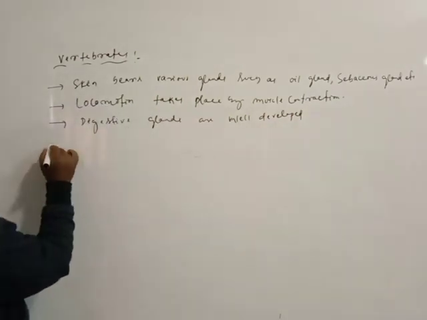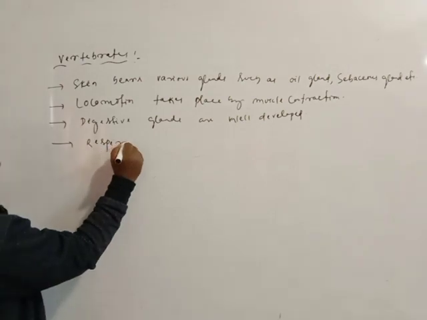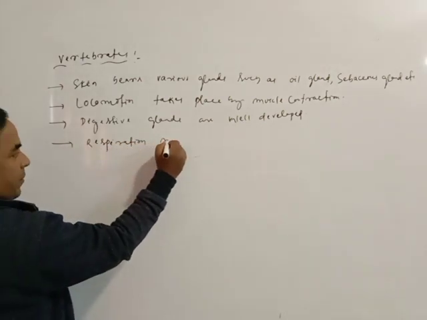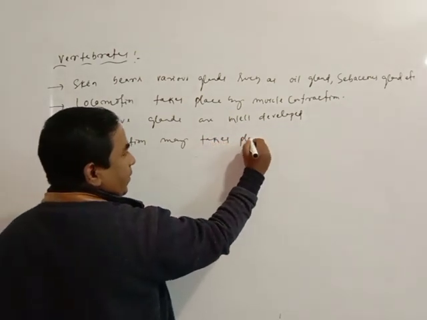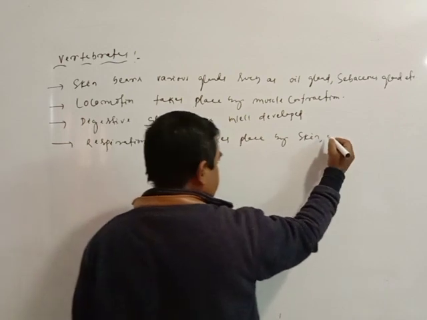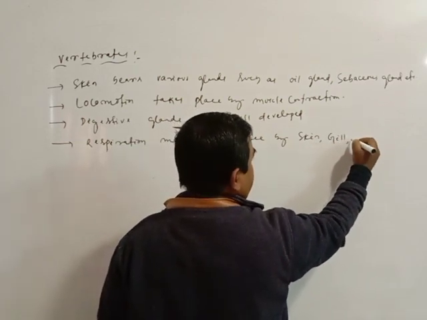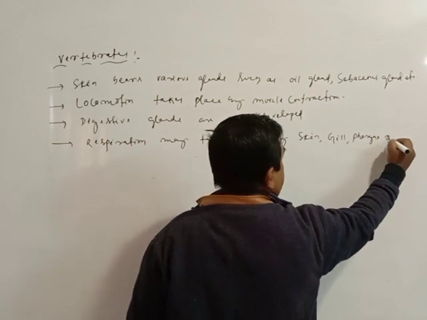Next, respiration may take place by skin, gill, pharynx and lungs.